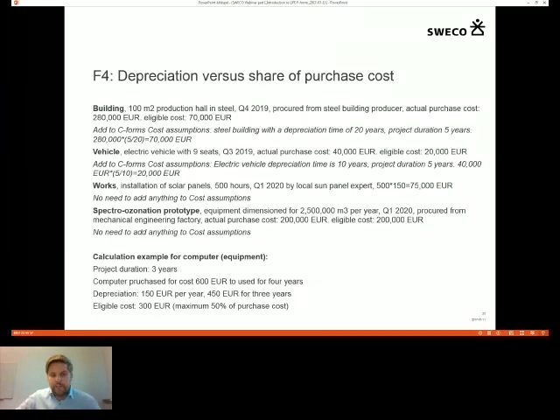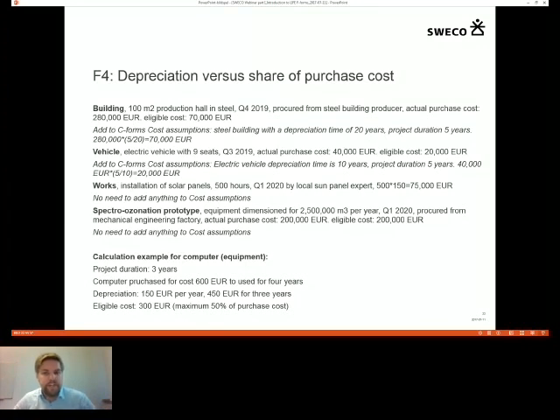And how do we show how we get to this conclusion? Well, in the C forms, and this is a part that we'll get to later, there is one section for every action called cost assumptions, or something similar to that. Here you will be able to write that the steel building has an expected depreciation time of 20 years. We will use it for 20 years.